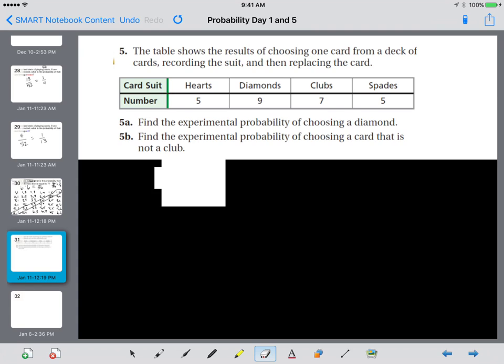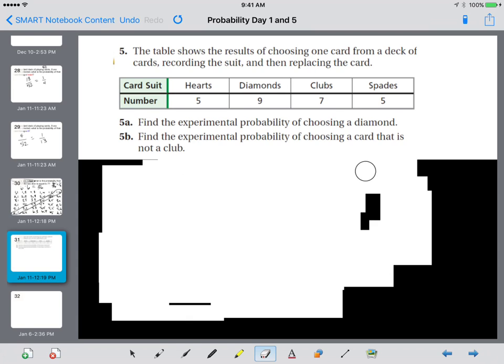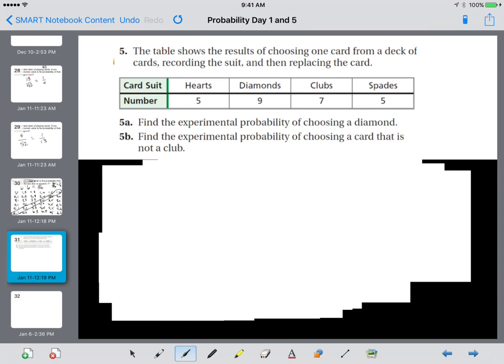Oh, it all came back to me. Okay, we got 9 out of, there's 5 plus 9 gives us 15, 21. This would be 9 out of 26 if I had that right.